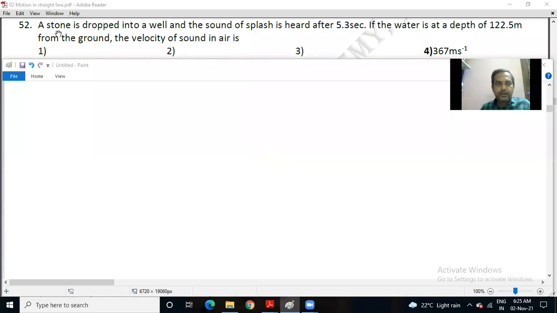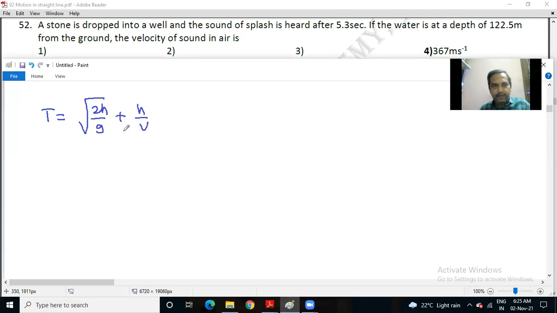So this is another question. A stone is dropped into a well and the splash of sound is heard after 5.3 seconds. If the water is at a depth of 122.5 meters from the ground, find the velocity of sound in air. You have written in the previous session the formula for the total time to hear the splash of sound: T is equal to under root 2h by g plus h by v.